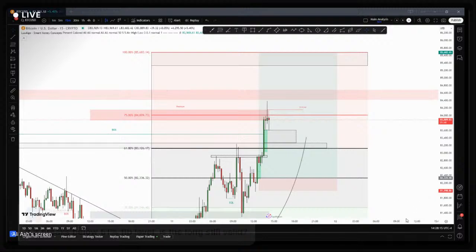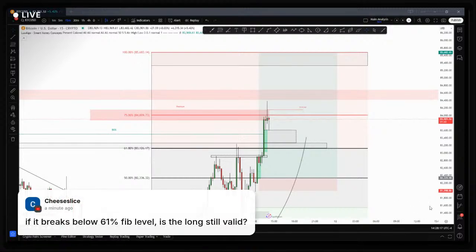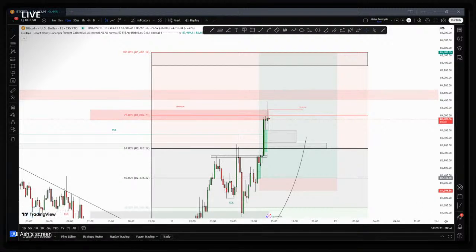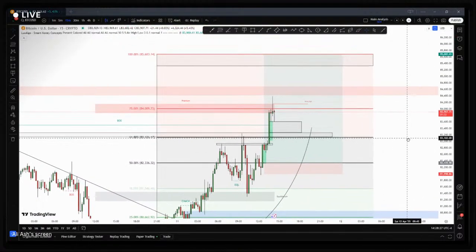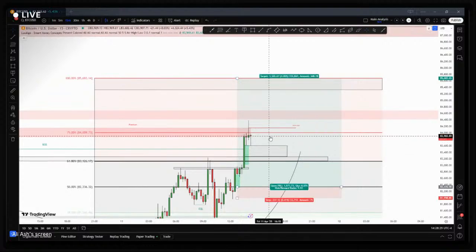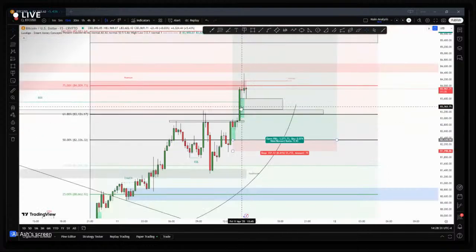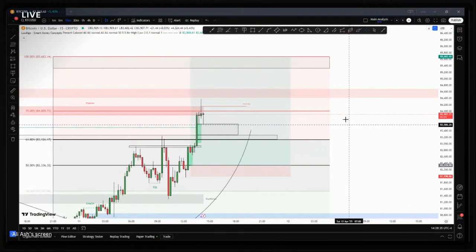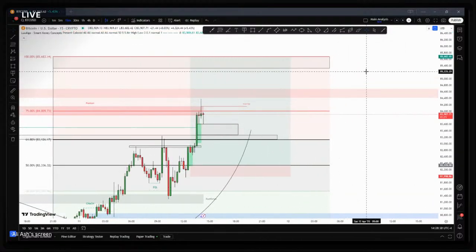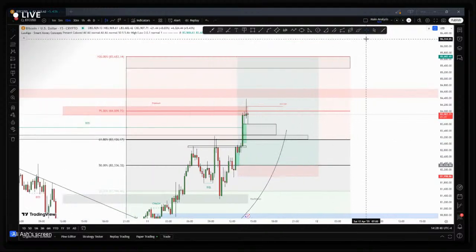If it breaks below the 61% fib level, is this long? Is the question. So if this breaks below the central zone 61%, then it's not valid. Then we can see a parallel channel, and later tonight we can see another hike, but that would not be a good entry.